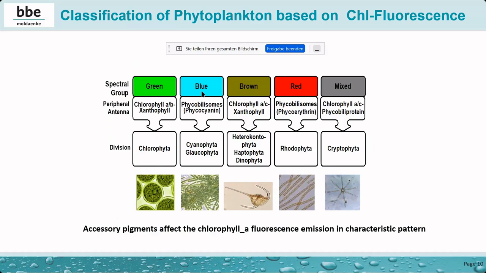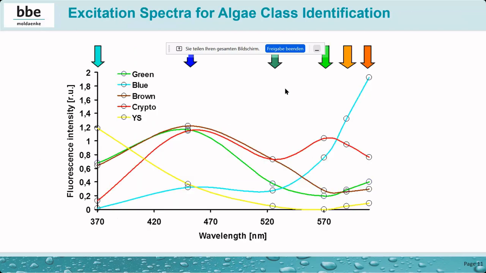With the different accessory pigments, we can sort the different algae classes and cyanobacteria. So we can measure up to 5 different algae classes with this kind of fluorometry if we use different light sources. And in this picture, I would like to show you how these different algae and cyanobacteria depend on the excitation wavelengths. What we use in fluorometry, we use different wavelengths to excite the pigments together with the accessory pigments.